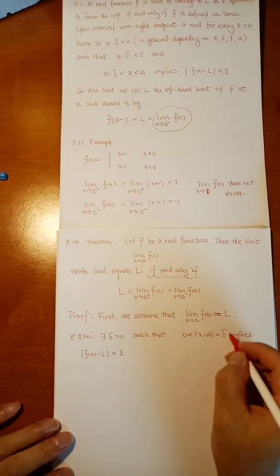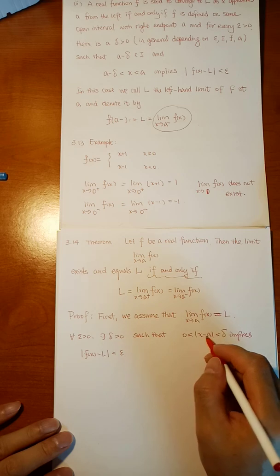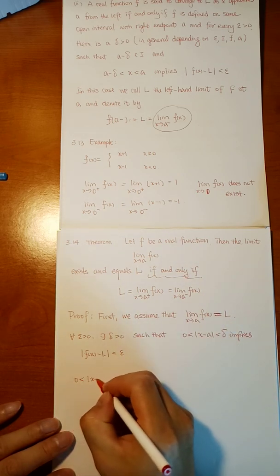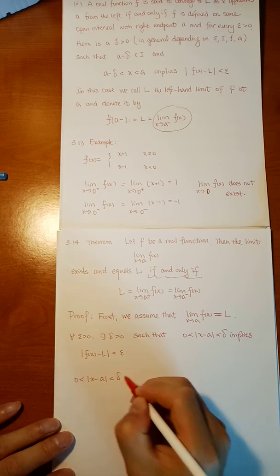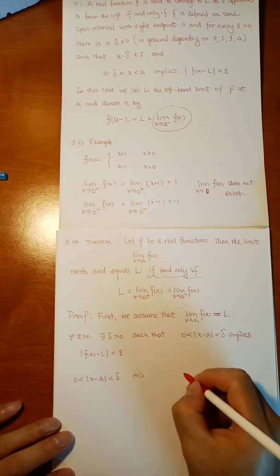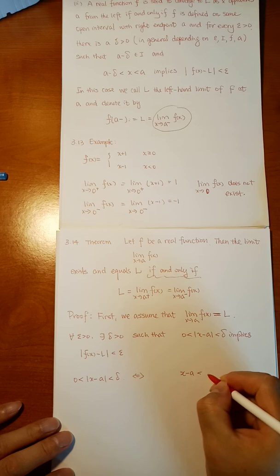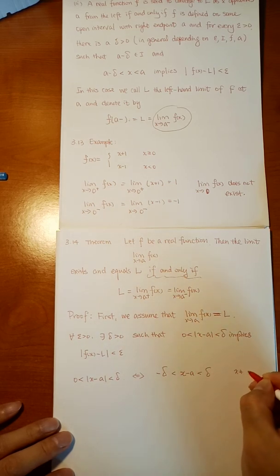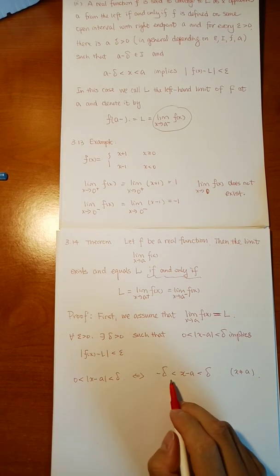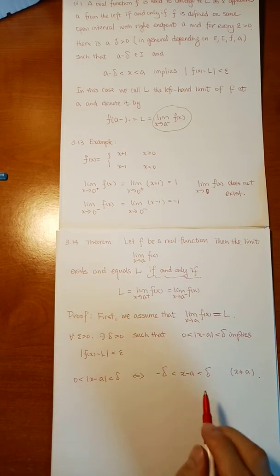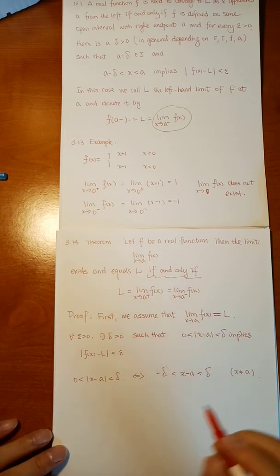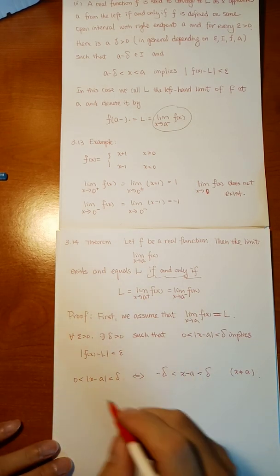Then this one, if you remove the absolute value, is equivalent to x minus a being between negative delta and positive delta.